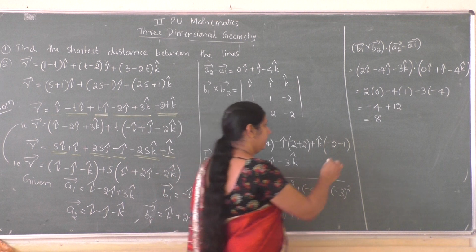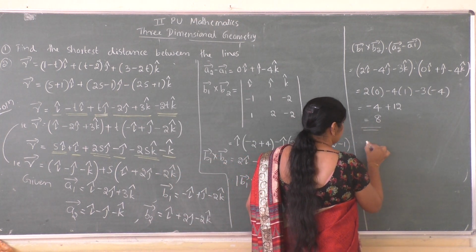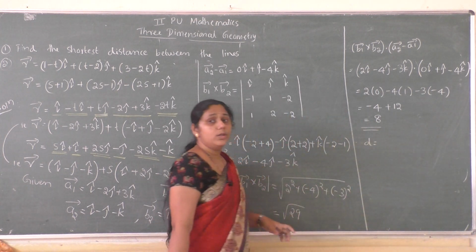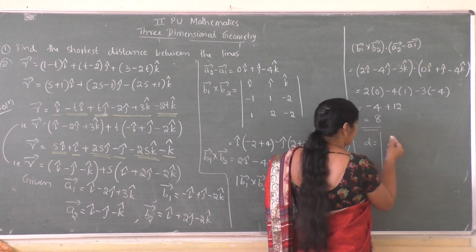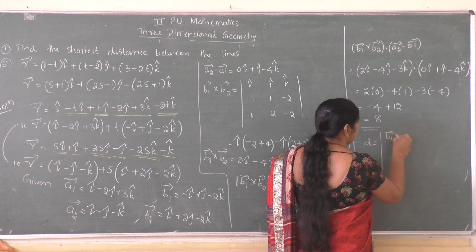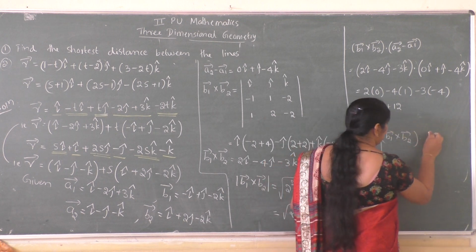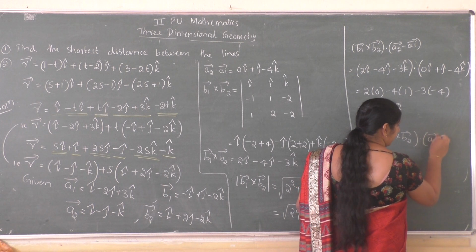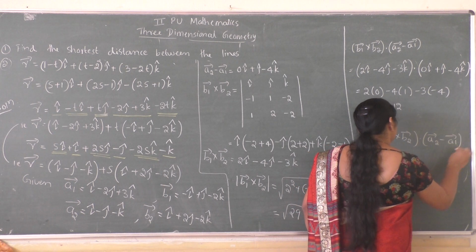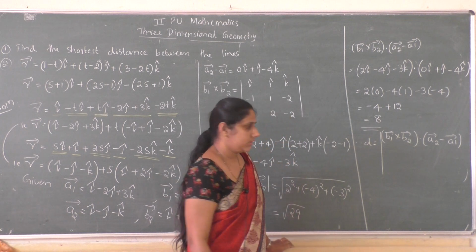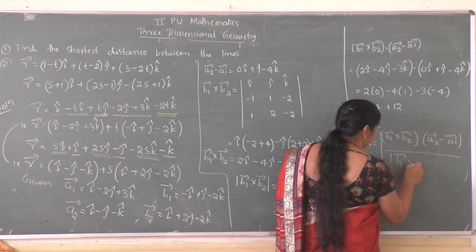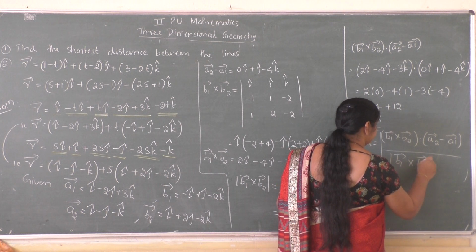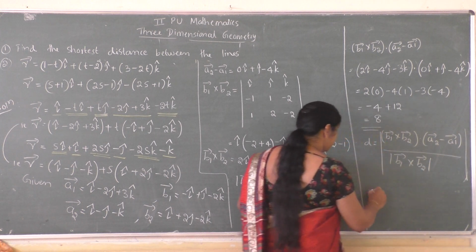Now therefore, what is the formula for D? D is equal to magnitude of, what is the formula? b1 vector cross b2 vector dot vector a2 minus vector a1 divided by magnitude of b1 vector cross b2 vector.